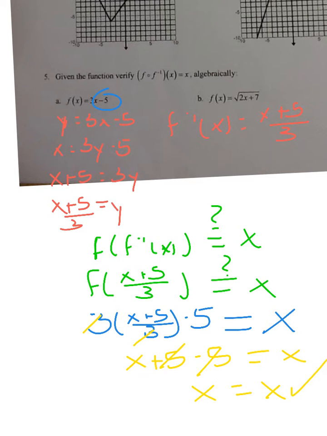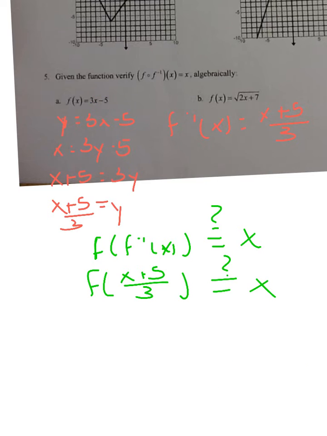All right, so let's take a look at B. Same thing. First thing is I have to find my inverse. So this is y equals the square root of 2x plus 7. So I switch x and y, and I get x is equal to the square root of 2y plus 7. To get rid of the square root, you square both sides.